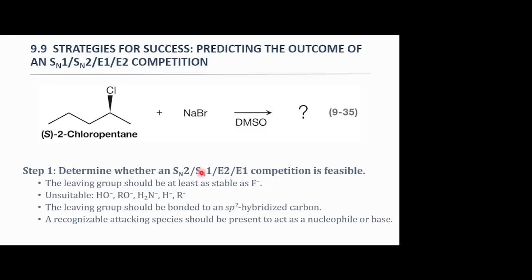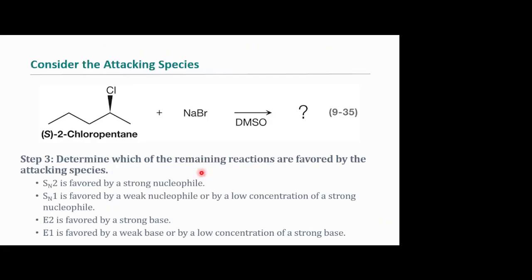And step 3 is just going to be, do I have an E1 or an E2, okay? In very few problems are you still going to have an E2 and SN2 that are still options, or an E1 and SN1 that are still options on the table. It's actually a pretty rare one.